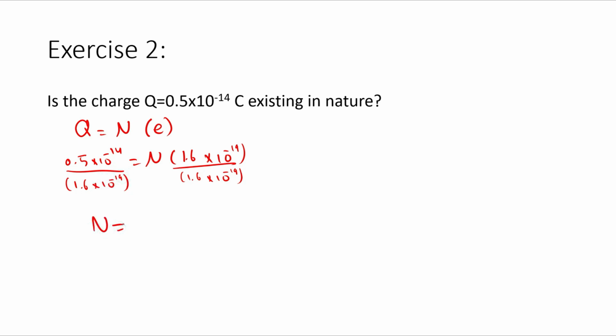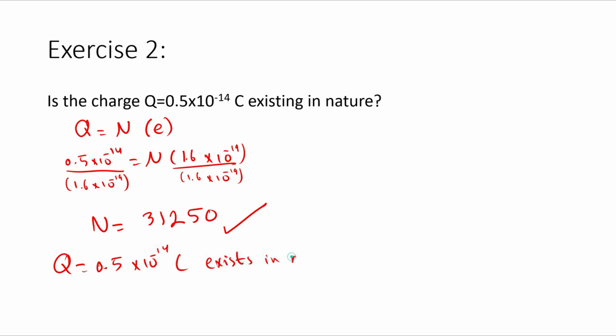So n is equal to 0.5 times 10 to the power of negative 14 divided by 1.6 times 10 to the power of negative 19. This results in 31250. Is this a whole number? Yes, it is a whole number. So Q, which is 0.5 times 10 to the power of negative 14 coulombs, exists in nature.